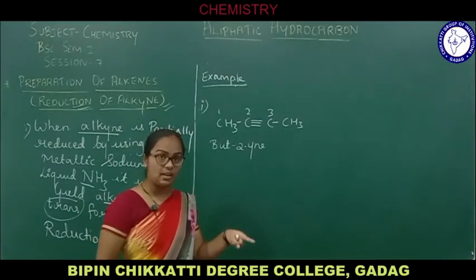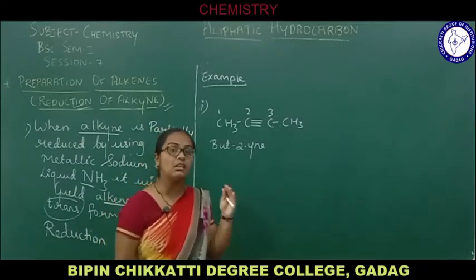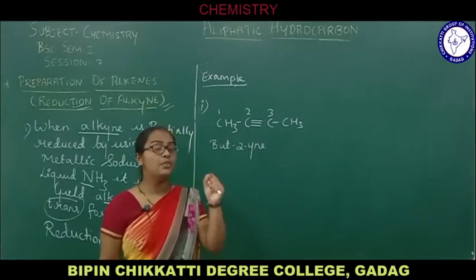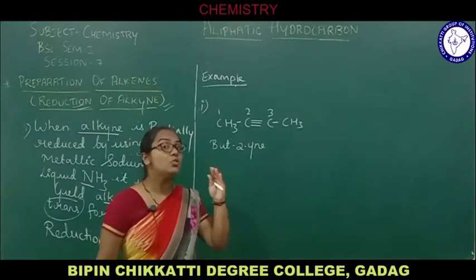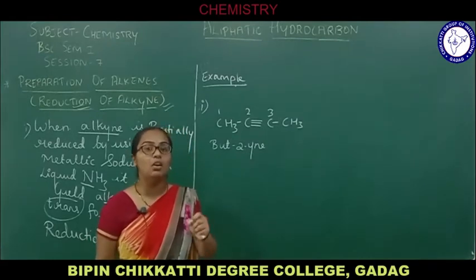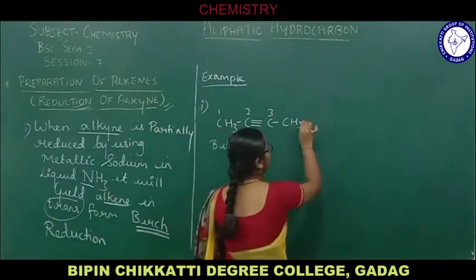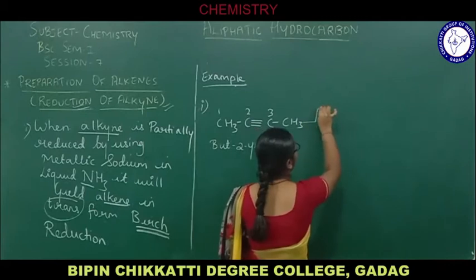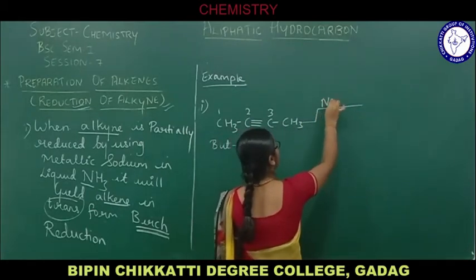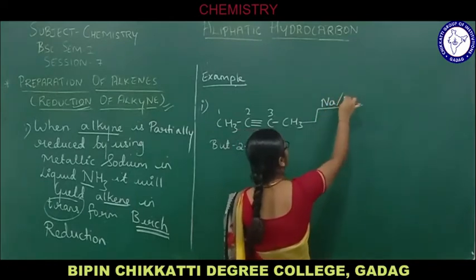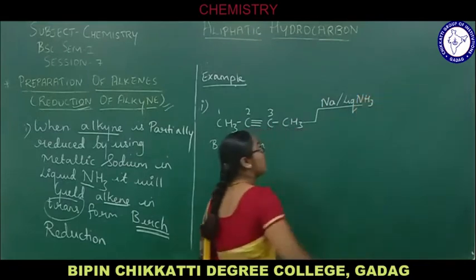In the first step, the alkyne undergoes partial reduction in presence of metallic sodium in liquid ammonia to form a trans olefin. So this alkyne, but-2-ine, will first undergo reduction in presence of metallic sodium in liquid ammonia to form the trans form.